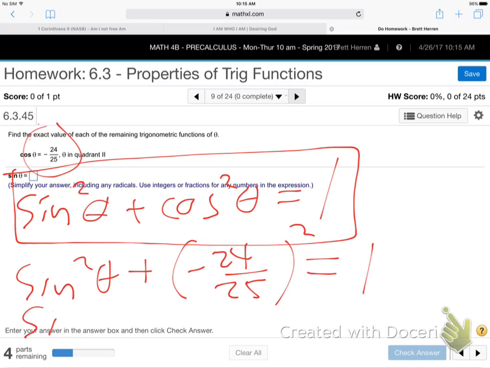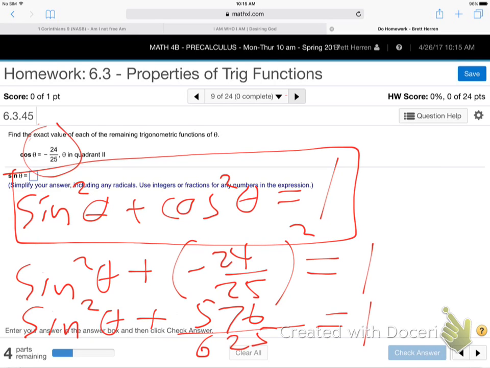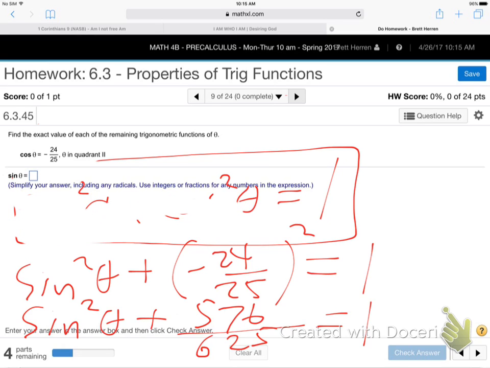So, sine squared. Now, use your calculator. What's 24 squared? 576? Yeah. So 576 over 625 is 1. Good so far? I'm running out of room, so I'm going to come up here. And now you've got to solve.